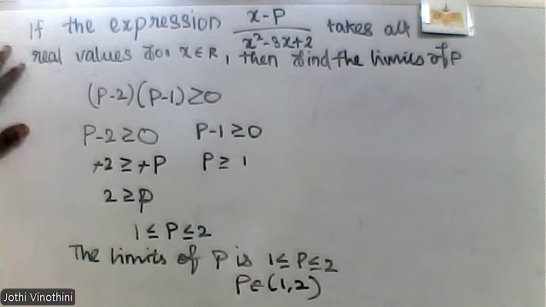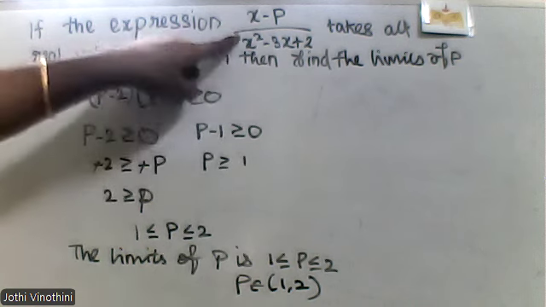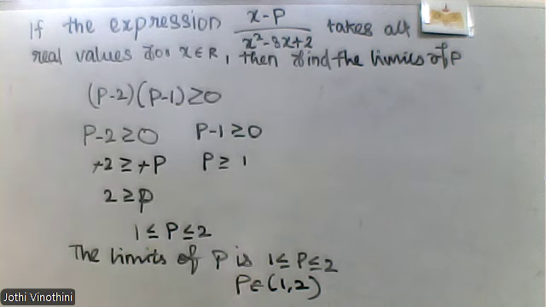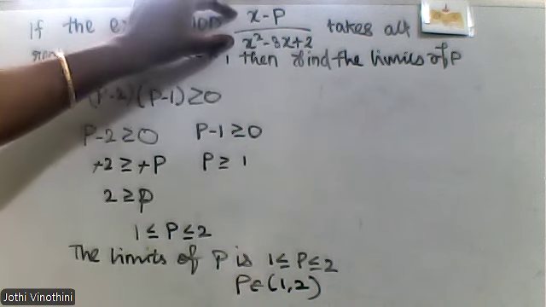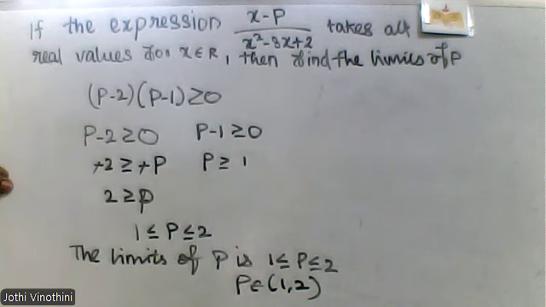So what did we do in the sum? We are provided with the expression. In this expression, there are two variables, one is x and one is p. So what did we do? We initially took the entire equation equal to y and simplified it and compared it with ax squared plus bx plus c equals 0. And we found the values of a, b, c, and we know all values here are real.